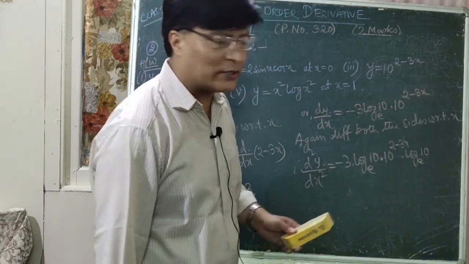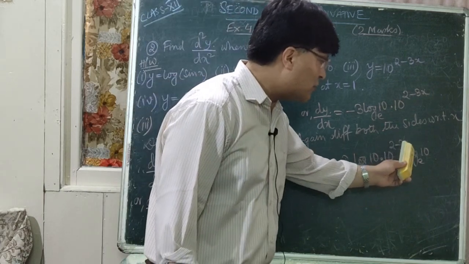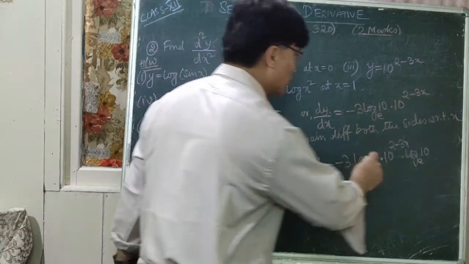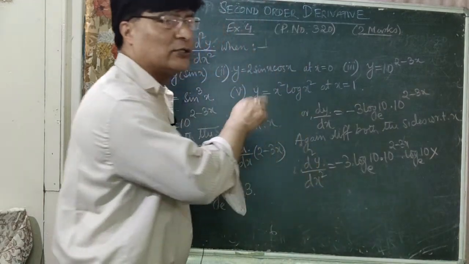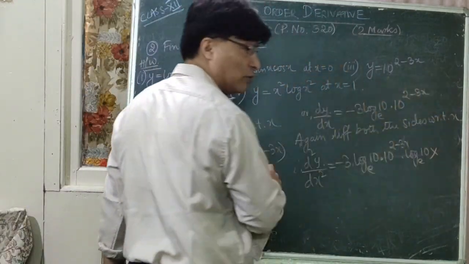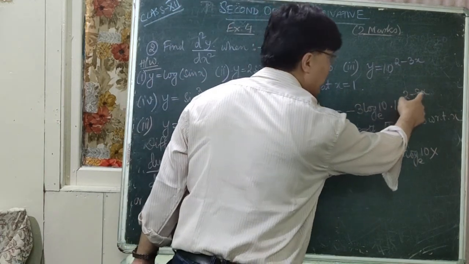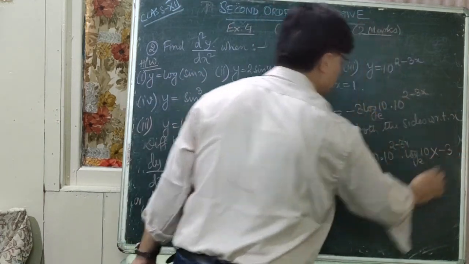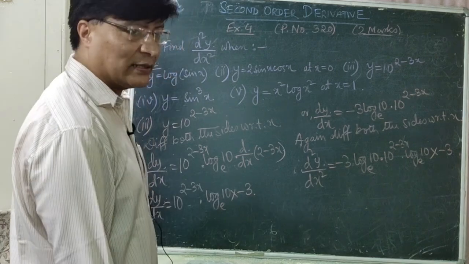So what is this differentiation? 10 to the power 2 minus 3x into log 10 base e into, which function is taken as x? It is 2 minus 3x. So what is the differentiation of 2 minus 3x now? For 2 it is 0 and for minus 3x it is minus 3. Is that clear now?